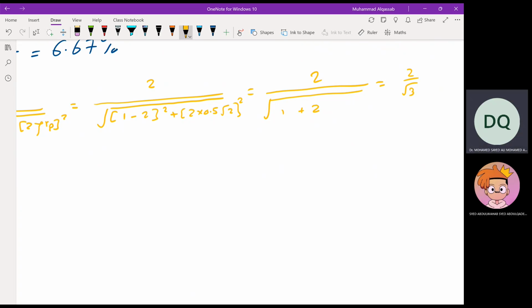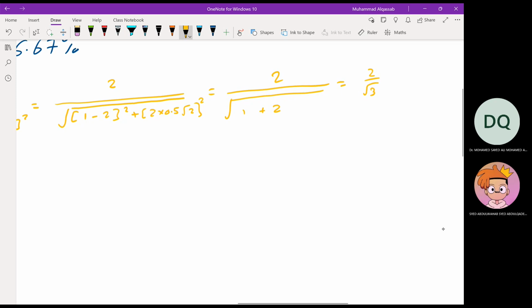Okay, this is the error factor, which in decimal places is 1.155. And this is the error factor.